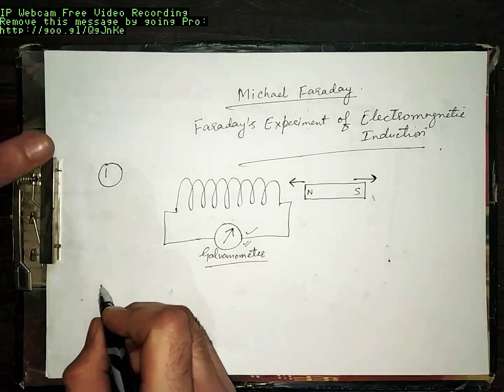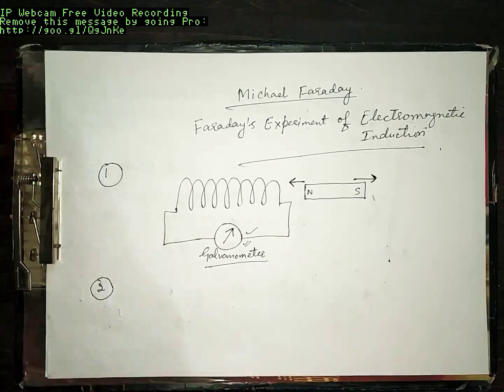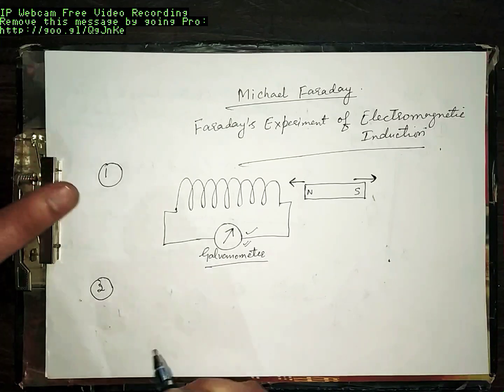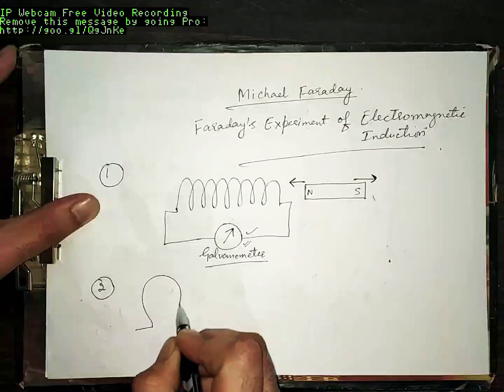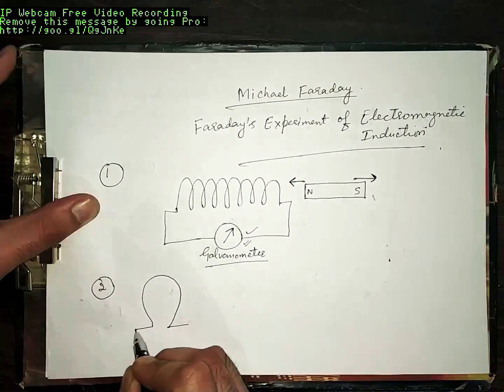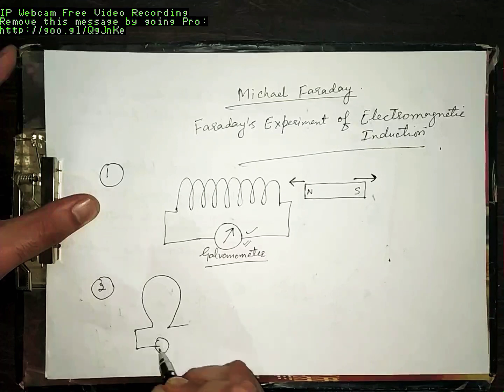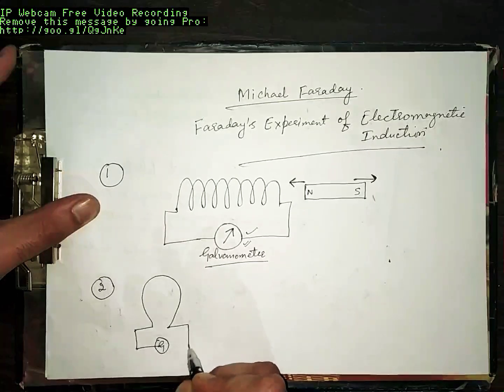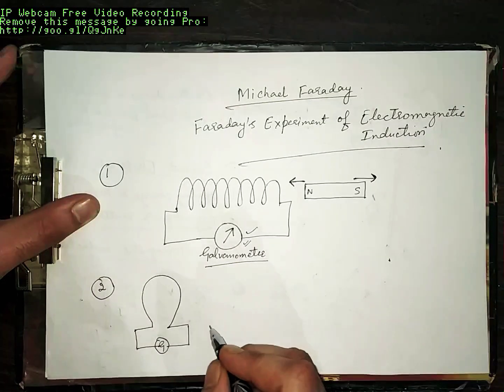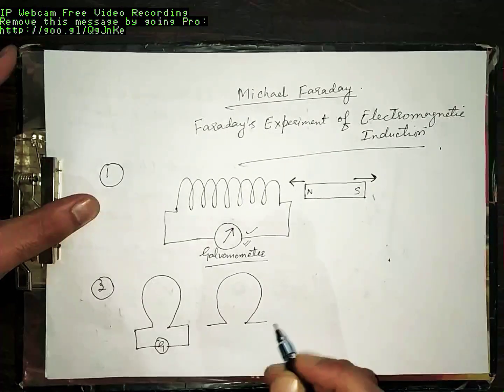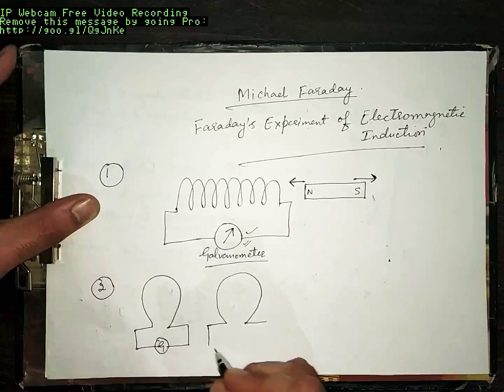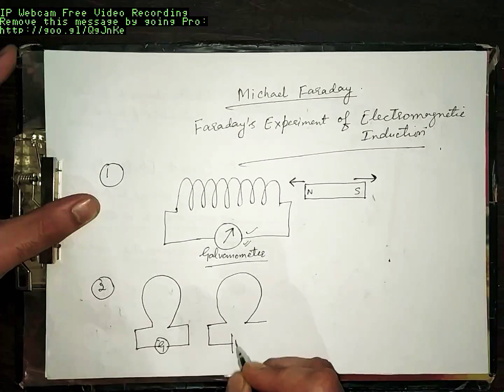Second experiment. In the second experiment, Faraday took a coil, connected a galvanometer across it, took another coil here, connected a battery over here.